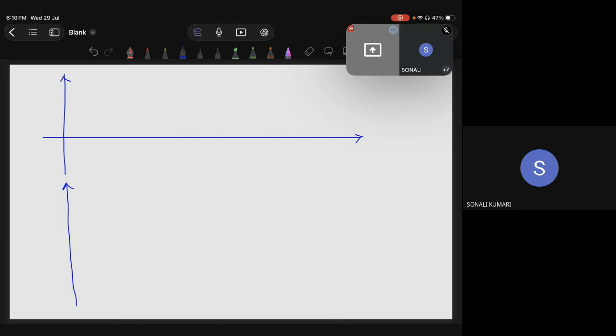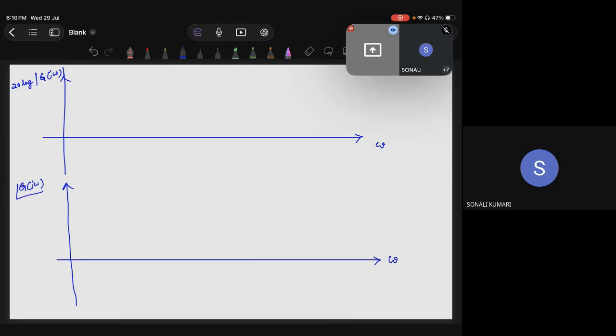This will be omega and this will be 20 log mod G(j omega). Again this will be omega, and this will be angle G(j omega).